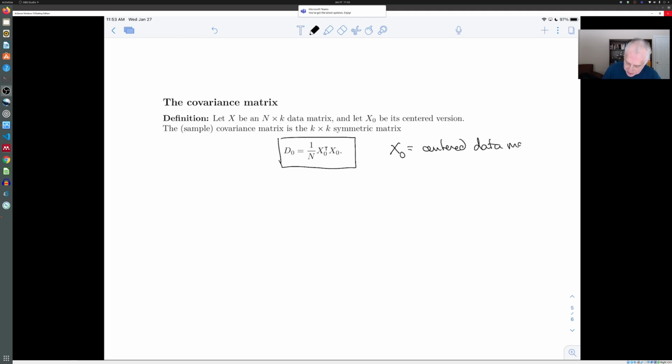It's the data matrix whose columns have mean 0. The way we made that was to take x and subtract the average of each column.